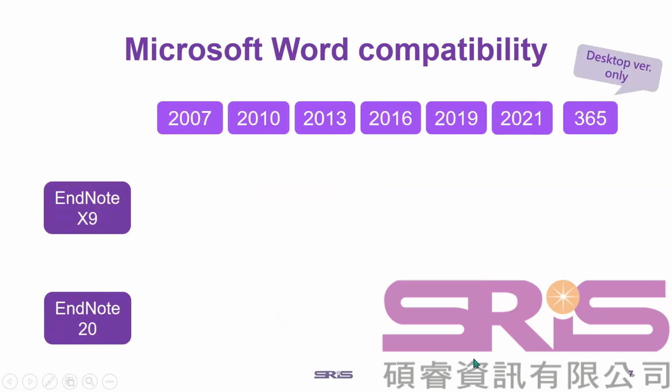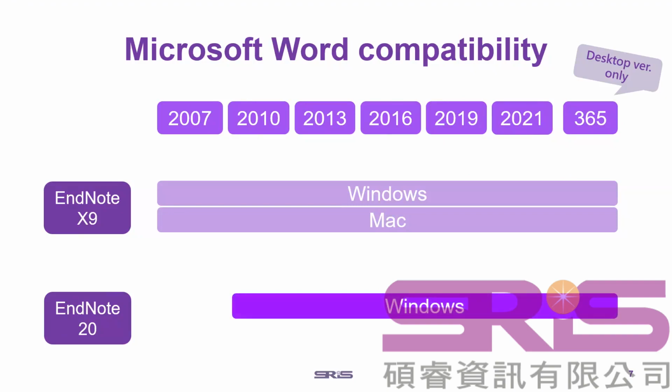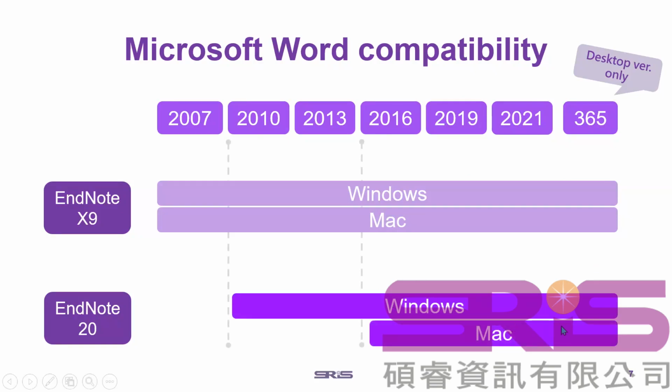I just leave it on my slides for you, and you also have to check the Word compatibility. Remember that NTHU provides you access to Microsoft Word and PowerPoint, so you may download the latest version on your computer. Then you can use the latest version of EndNote. You don't have to worry about the compatibility.